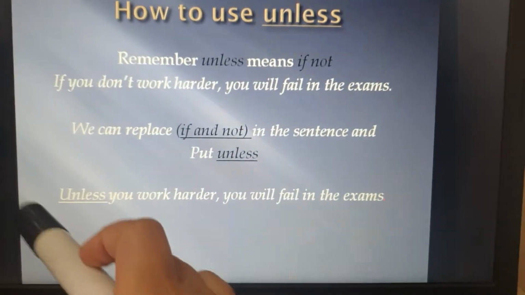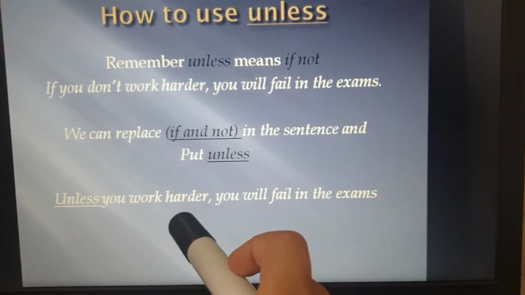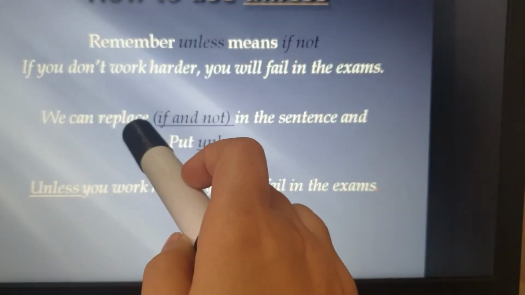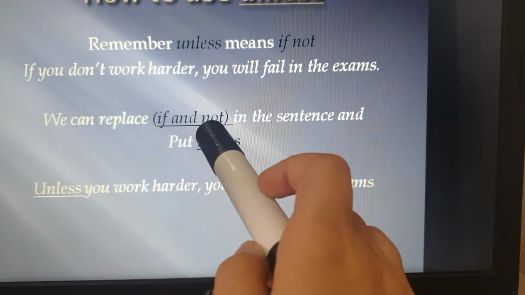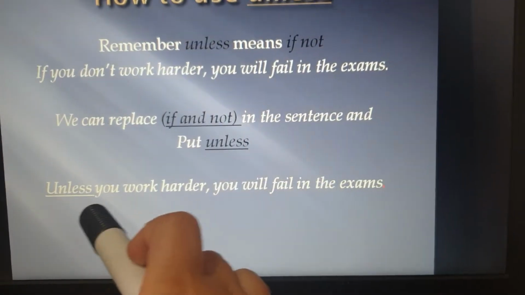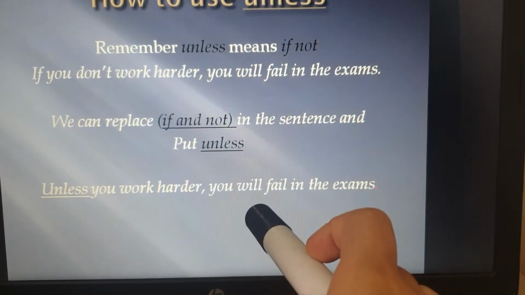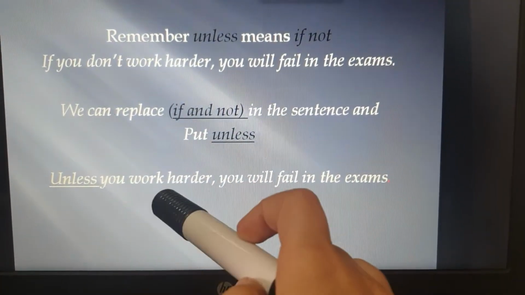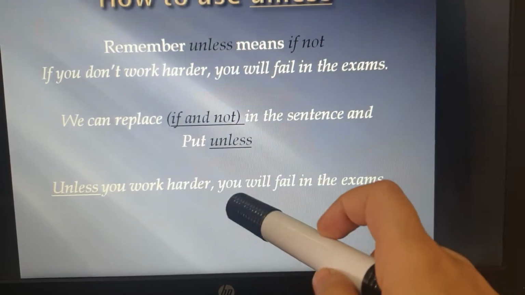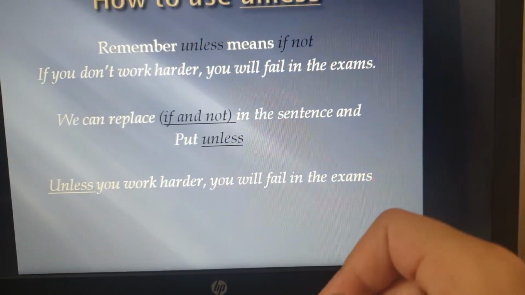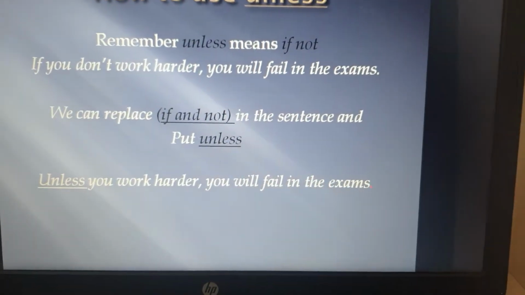And it becomes like this: unless you work harder, you will fail the exam. We omit if and not. It remains the same, simple present over here, and subject will plus verb 1 over there in the main clause.